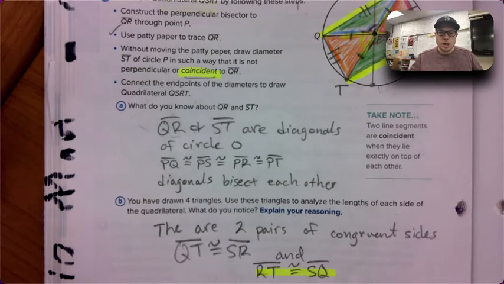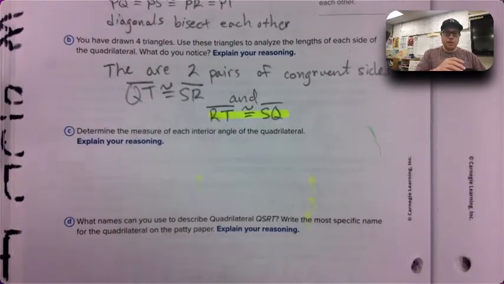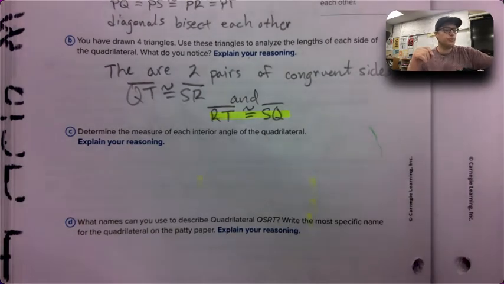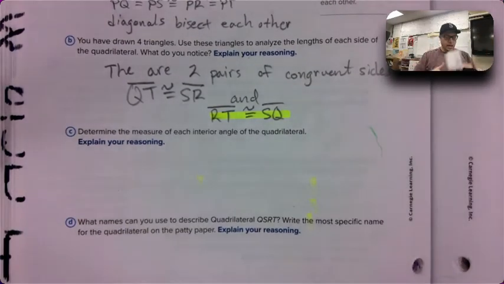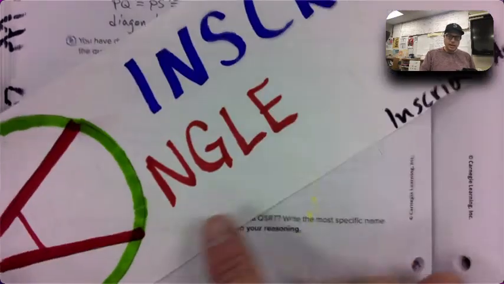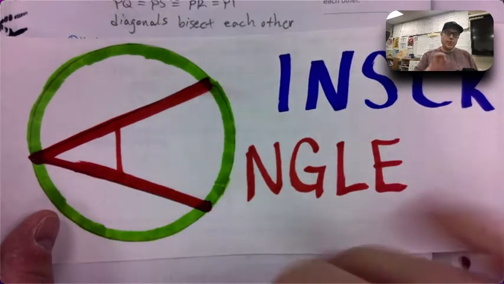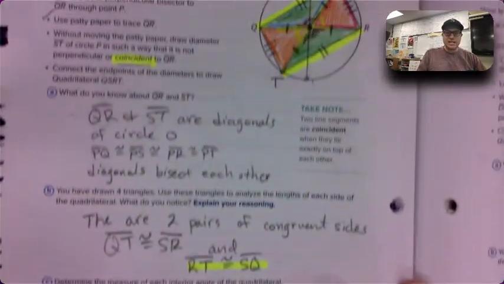Okay. Let's take a look at the next part, part C. Determine the measure of each interior angle of the quadrilateral. It's because of this vocabulary word, inscribed angle, right? Inscribed angle, all of the angles of this quadrilateral are 90 degrees.